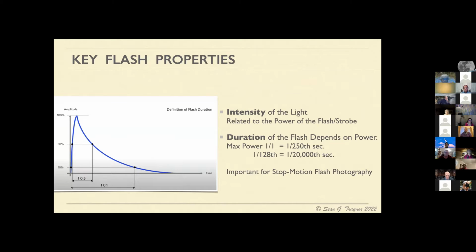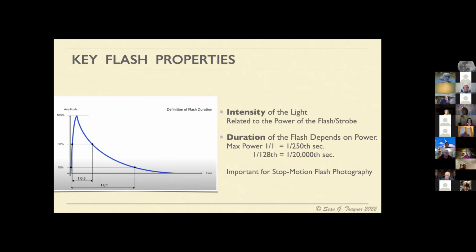The graph here shows that the flash goes from 0 to 100% and then decays in a nonlinear manner. It falls off over time. Not surprisingly, the intensity of the light is related to the power of the flash or the strobe.